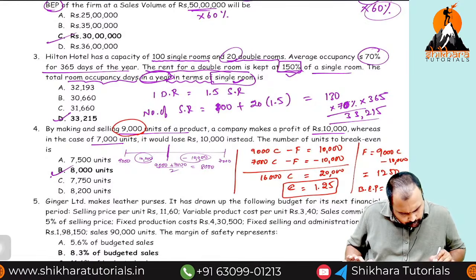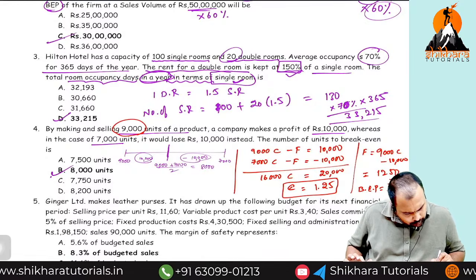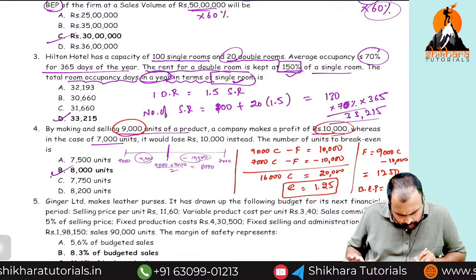Contribution of 9,000 units minus fixed cost makes a 10,000 profit, correct?